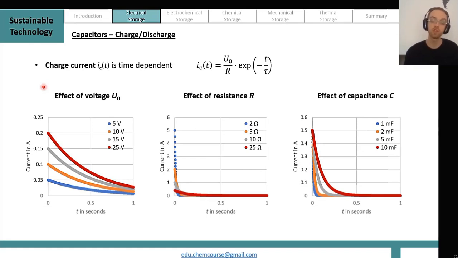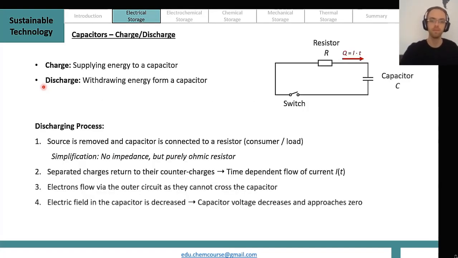So if you're just charging a capacitor having a capacitance of 1 millifarad, you will basically have a drop and you will be charged very quickly. In a 10 millifarad situation, you have 10 times as much charges which you can basically separate, and therefore the drop will be lower, and it simply takes you longer to charge up this system.